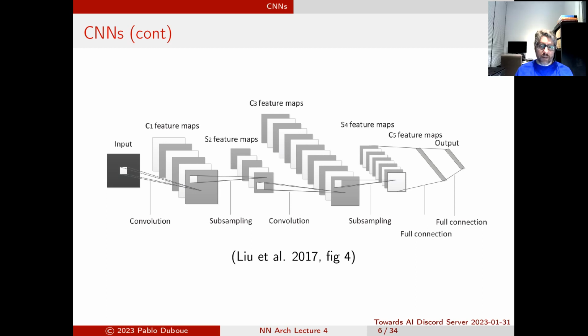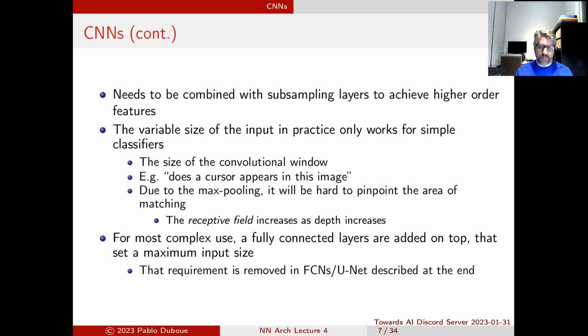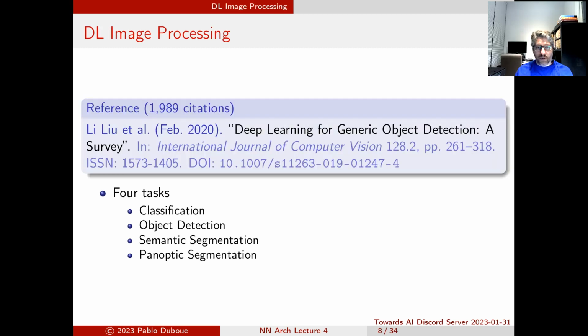So in that position, the size of the image gets fixed. As I was mentioning, due to max pooling, the receptive field increases as we go deeper into the network. Interestingly, at the end of the lecture today, we're going to see fully convolutional networks and UNets that don't use fully connected layers, and as such they don't have the problem of having to set a maximum input size.